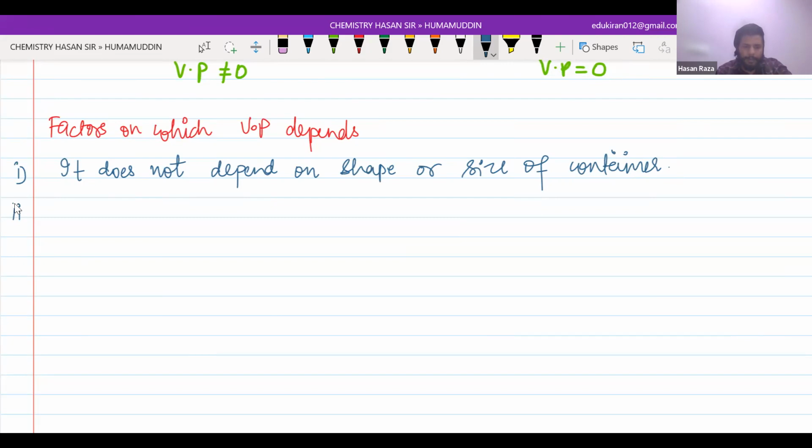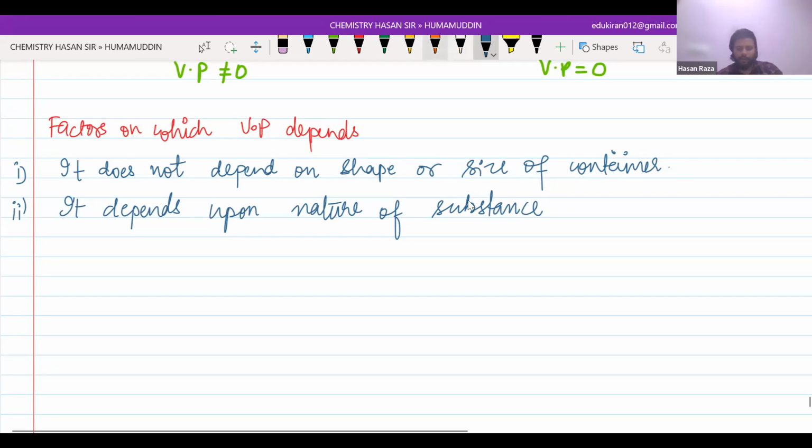But it depends upon nature of substance. How will it depend upon nature of substance? I'm going to take an example and show you.